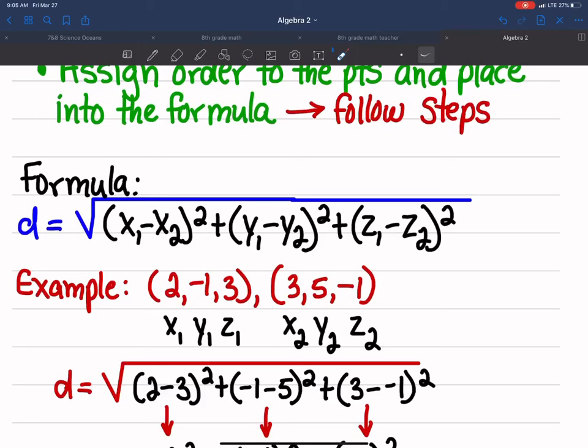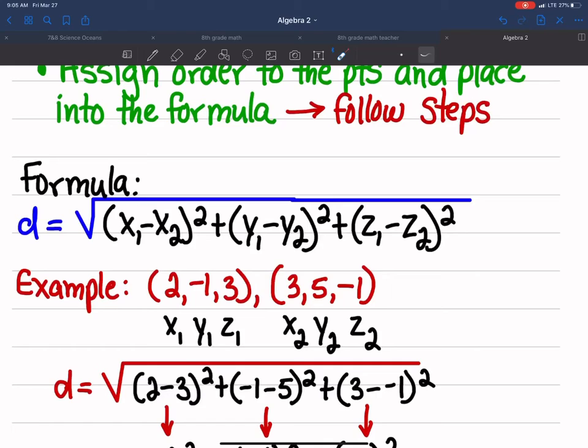Now, where was I before I was so rudely interrupted? X1 minus x2, so 2 minus 3, squared. Then my second part is y1 minus y2, so negative 1 minus 5.